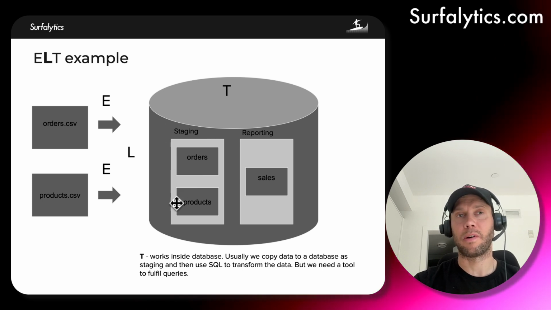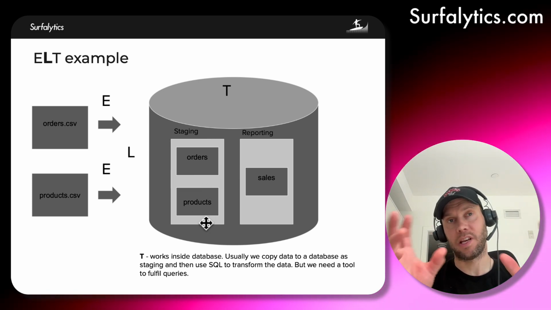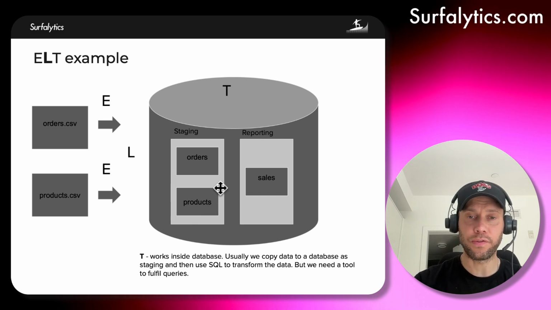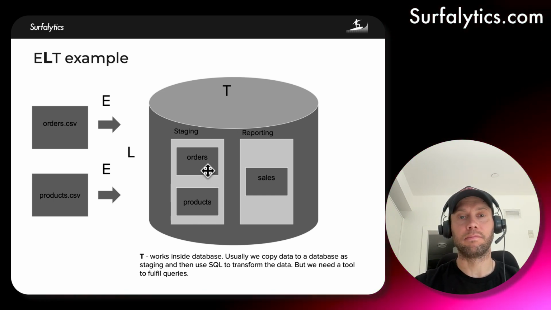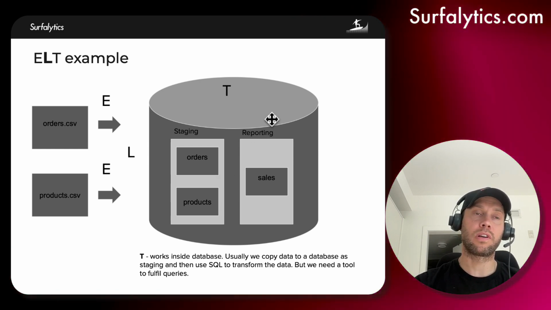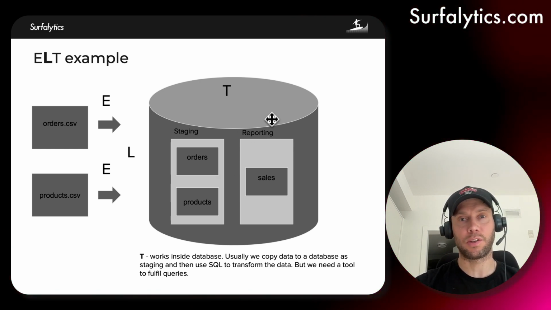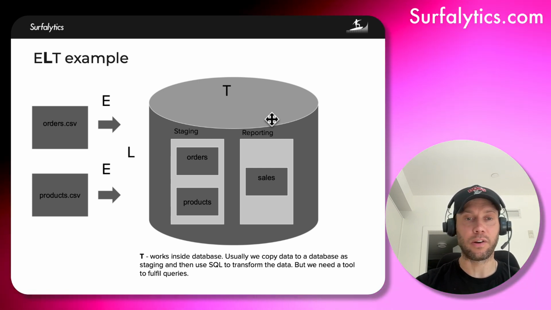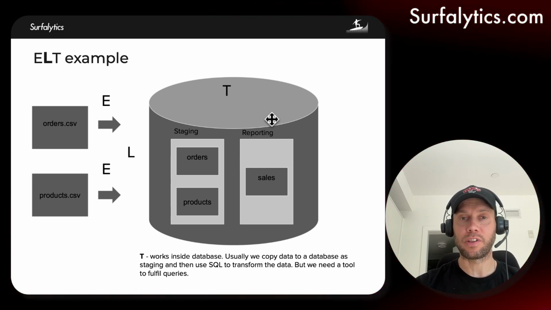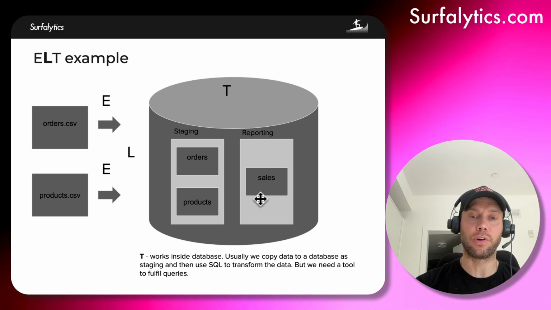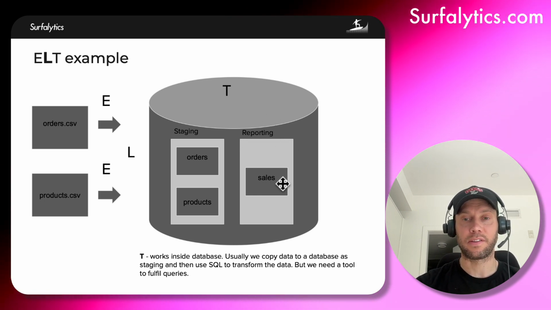Usually, if we talk about data warehouses, we have a staging area or landing area. We just push those files there, and then we can do anything we want. The idea here is that our cloud or analytical data warehouse is so powerful that it can simply read those files and process them, but we will use SQL to do all kinds of processing with this.